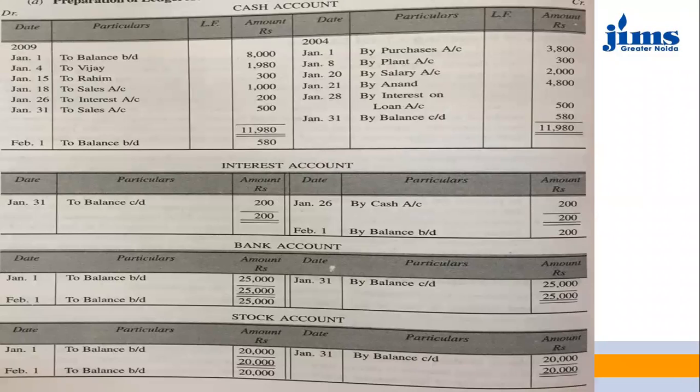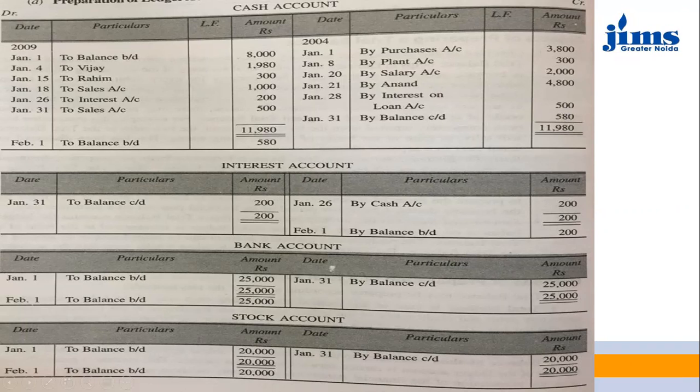So one interest entry is cash account debited to interest account. So cash account debited with 200 rupees here in to interest account. And then in the other entry, cash account is getting credited by interest on loan account with 500. So on 28th January, it is 500. You can see on the credit side.